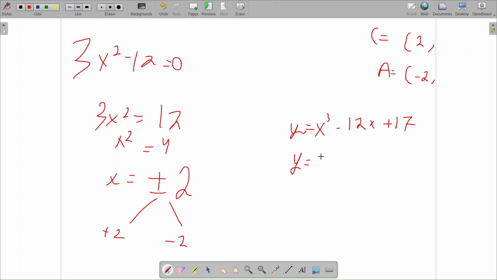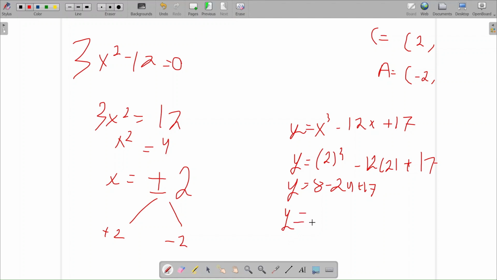First we start off with positive 2: 2 cubed minus 12 times 2, then plus 17. So y equals 2 cubed, which is 8, minus 24 plus 17. 8 minus 24 is negative 16, plus 17, which gives us 1.